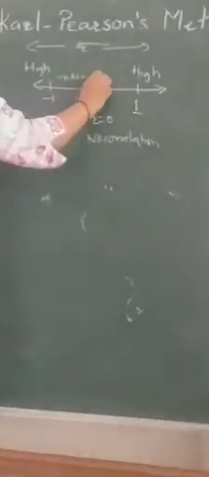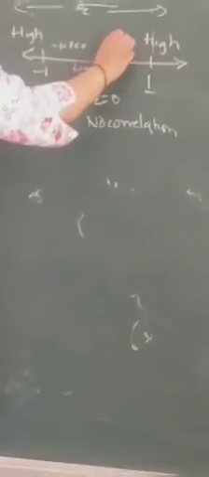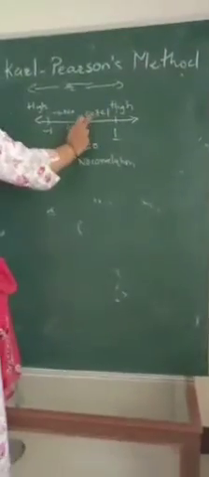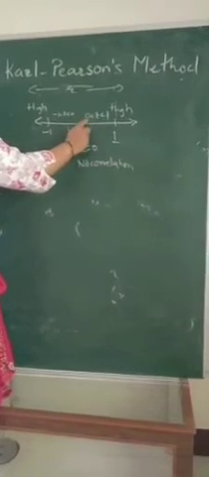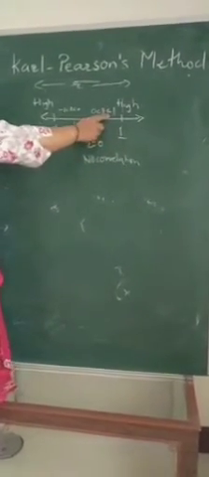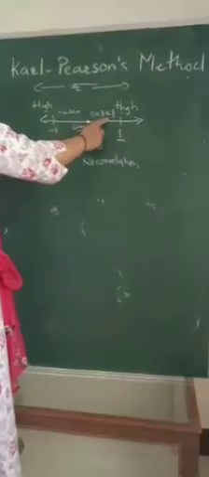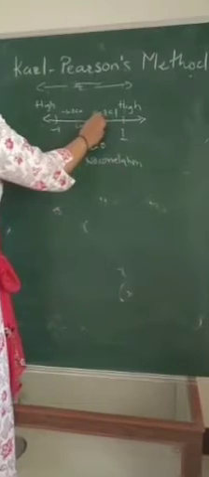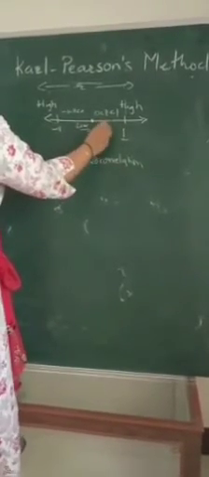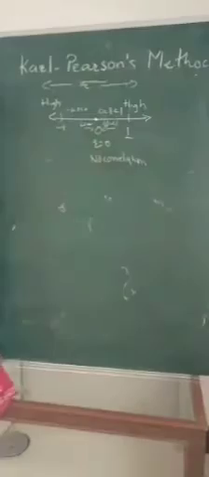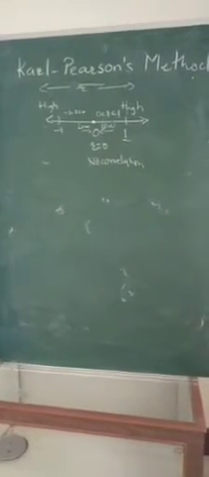Similarly, if the value of r is between 0 and 1, that is, 0 less than r less than 1, the type of correlation is again a partial correlation. If the value of r is towards 0 from the right-hand side, again it tells us a low degree of correlation.